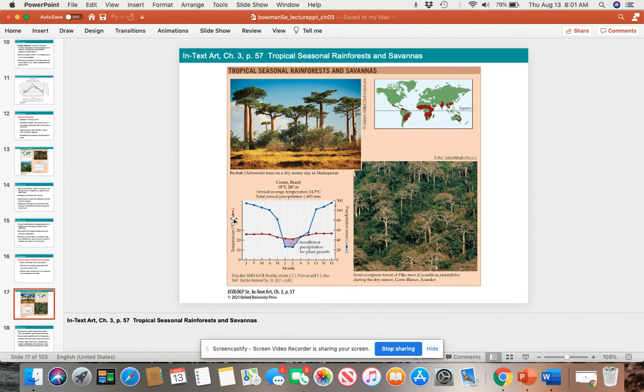So, unlike tropical rainforests, their precipitation ebbs and flows with the seasonality. So, high rainfall, wet season, and then dry season. So, more grasses, more deciduous leaf dropping from trees.